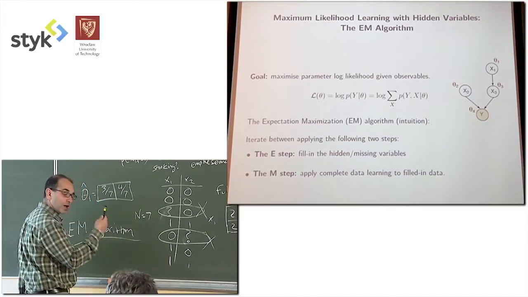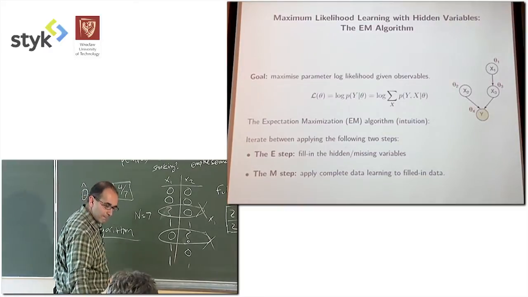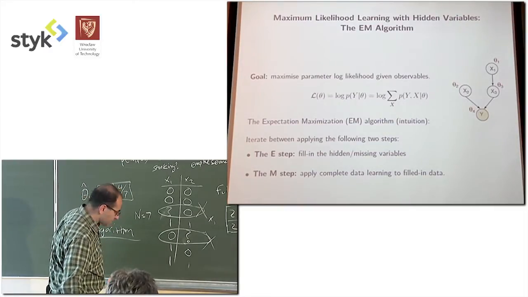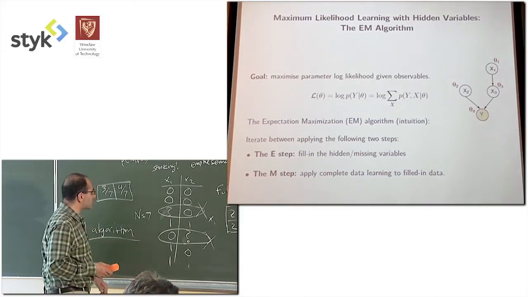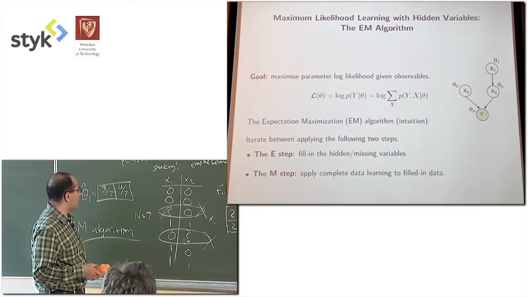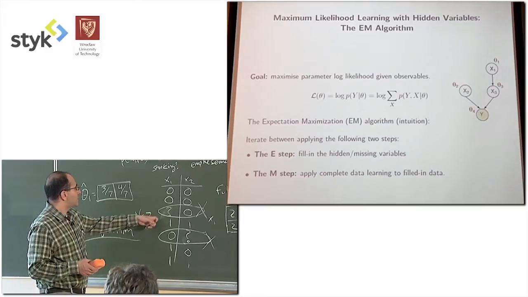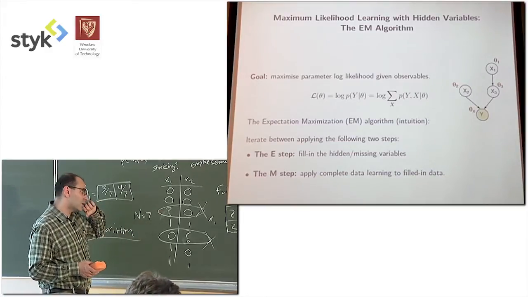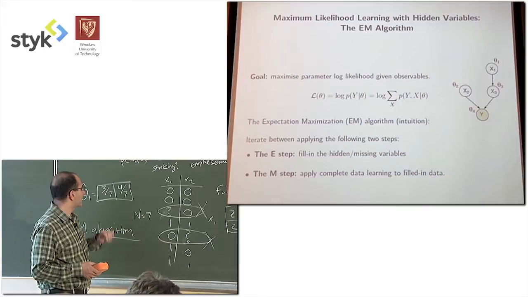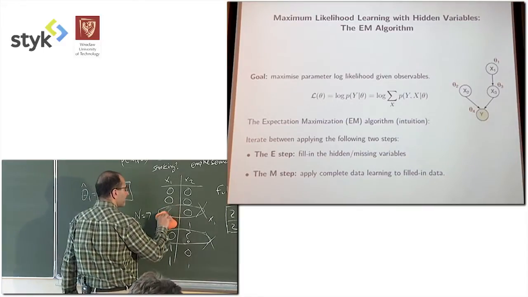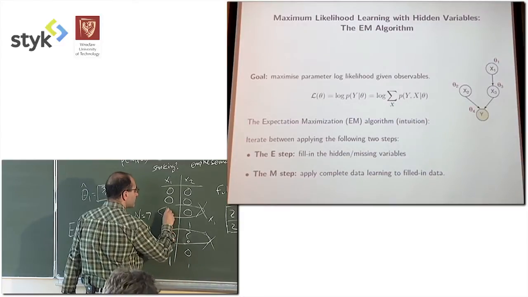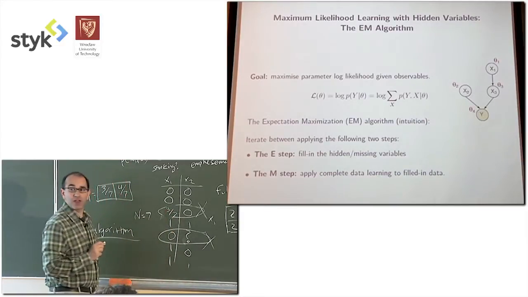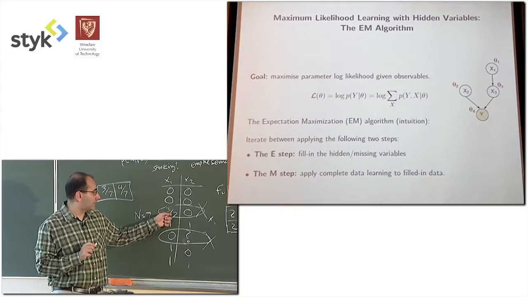So in this case, I'm not going to do the EM algorithm for you, but you would initialize the situation with some parameter settings, and you might fill in this variable with something like maybe 3/7. Depends.